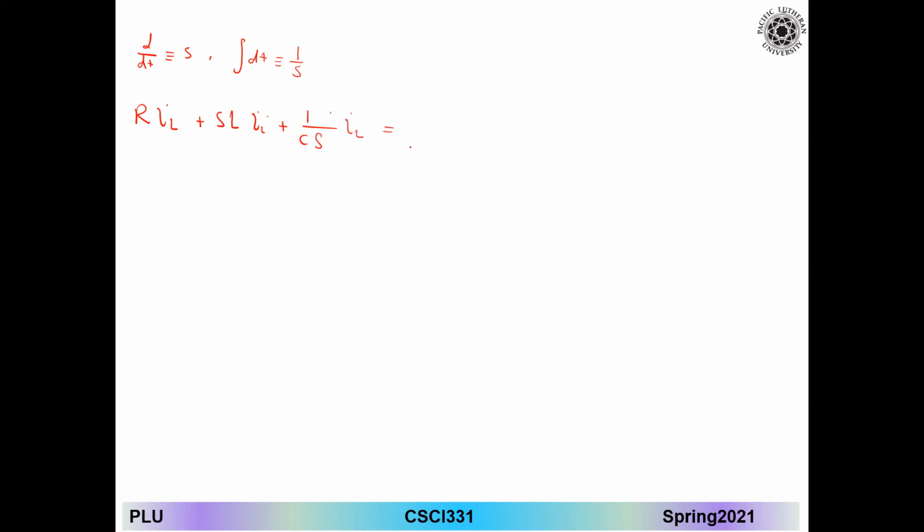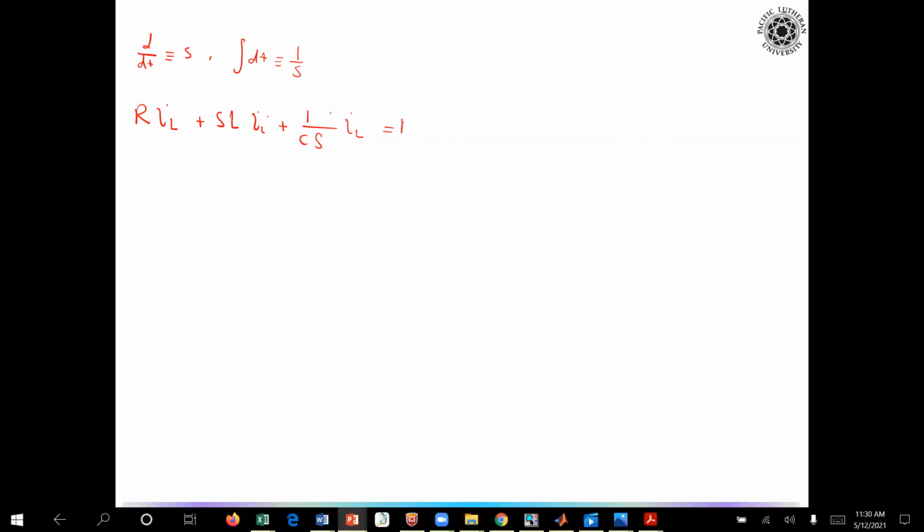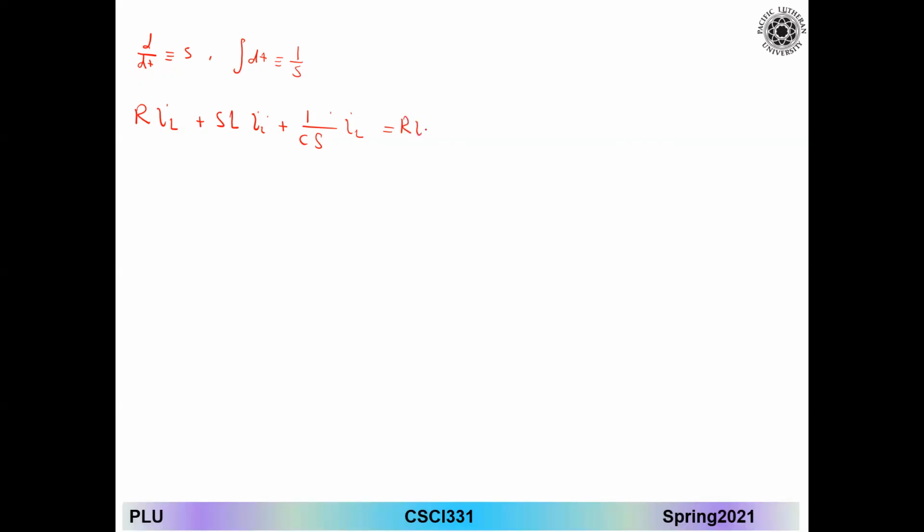And the second part is just R times IS. Something happened in my computer. That's my equation in symbolic form.